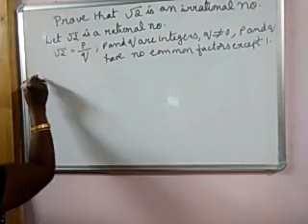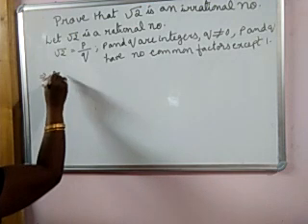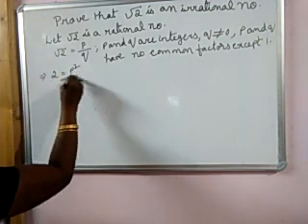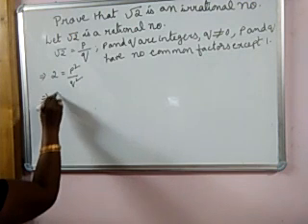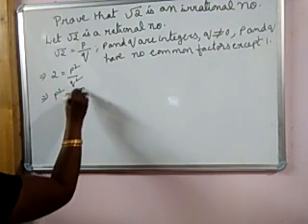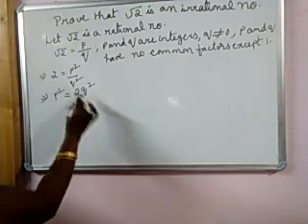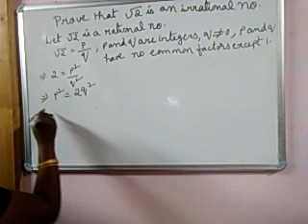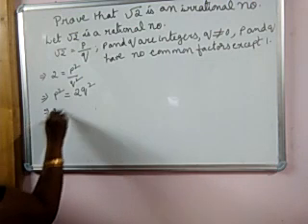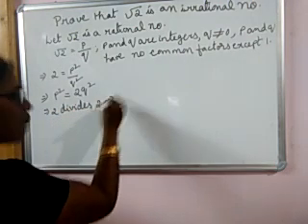Let us square both the sides. When we square both the sides, root 2 square is 2, that equals P square by Q square. That implies, by cross multiplication, P square is equal to 2Q square. 2Q square is divisible by 2. That means 2 divides 2Q square.